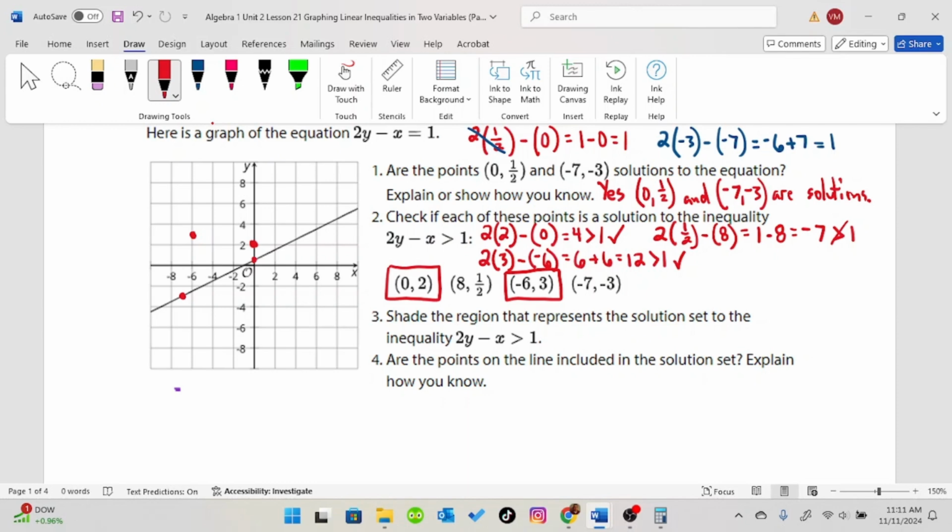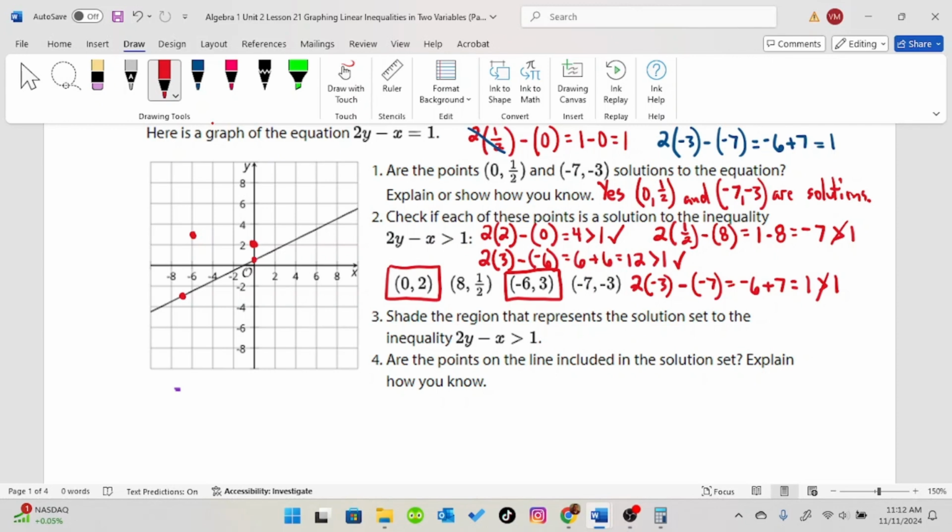And the last one we could check, 2 times y, which is negative 3, minus x, which is negative 7. 2 times negative 3 is negative 6. Minus negative 7 becomes plus 7. Negative 6 plus 7 is 1, and 1 is not greater than 1, so that is not a solution.